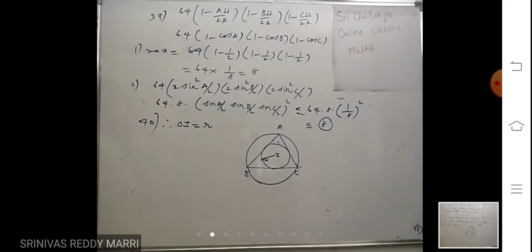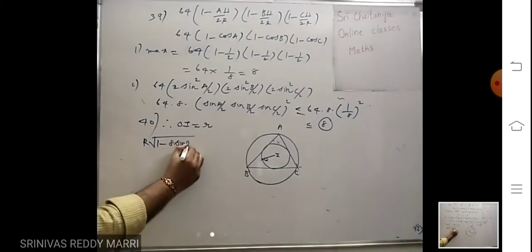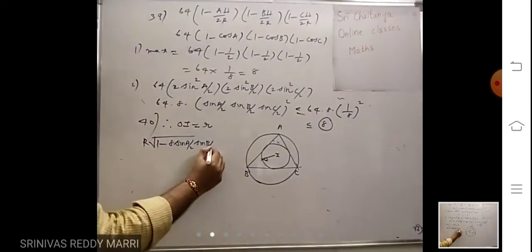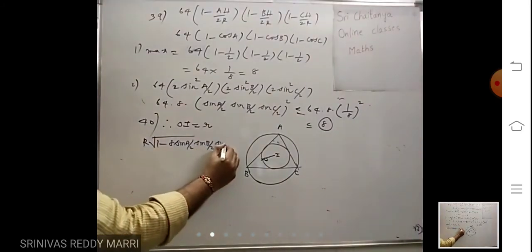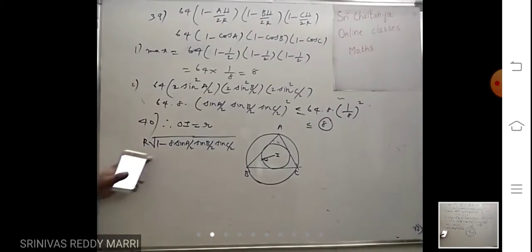Distance between circumcenter and incenter is capital R into root of (1 minus 8 sin A by 2 sin B by 2 sin C by 2). That is the formula.